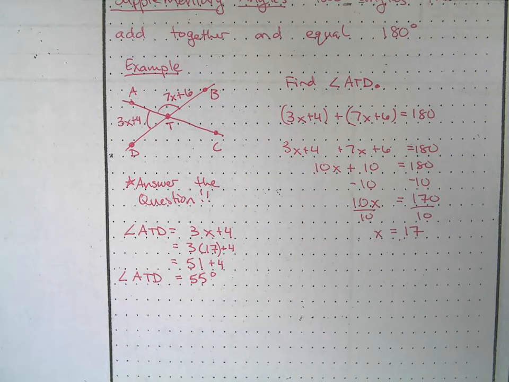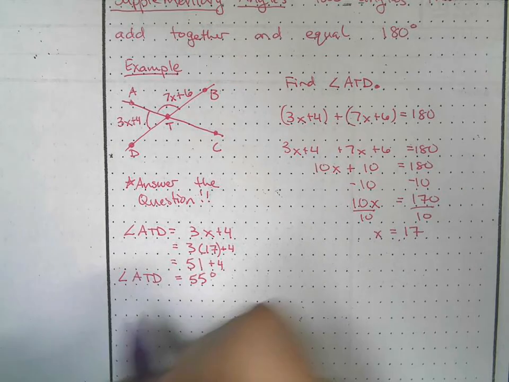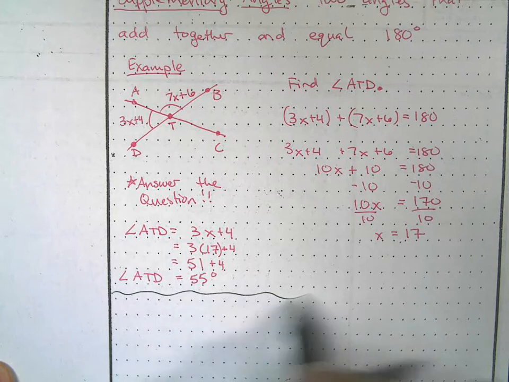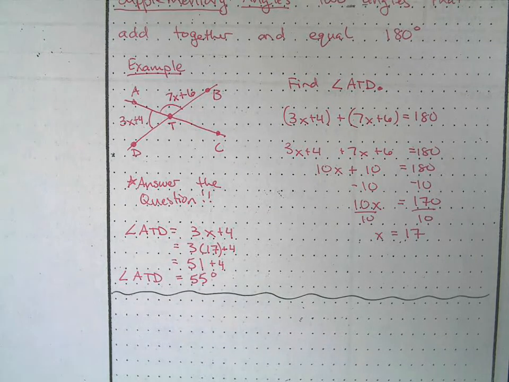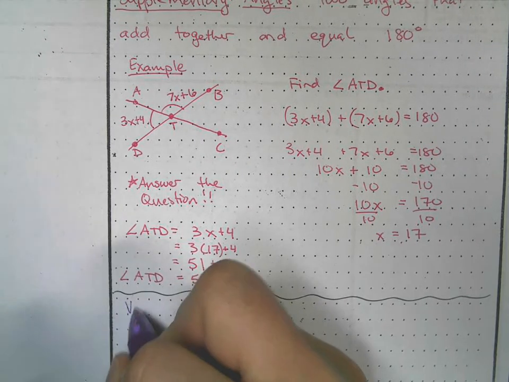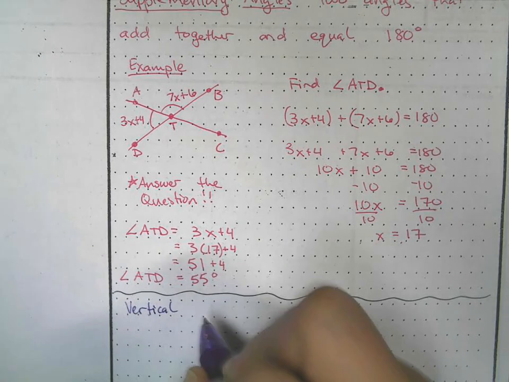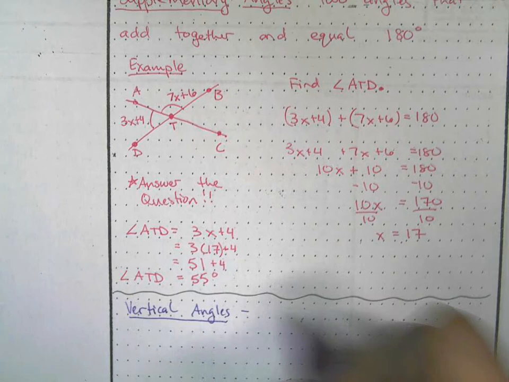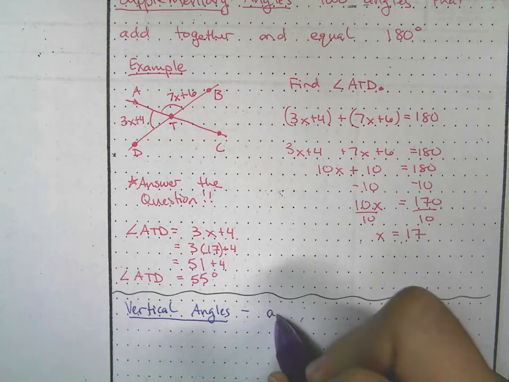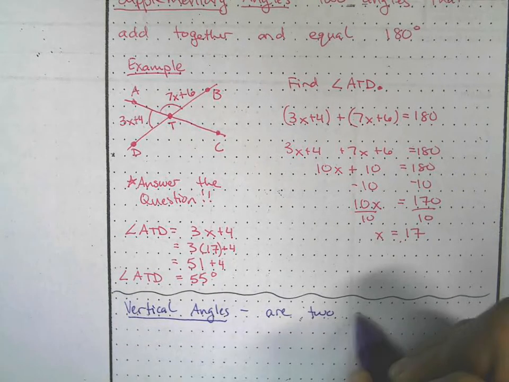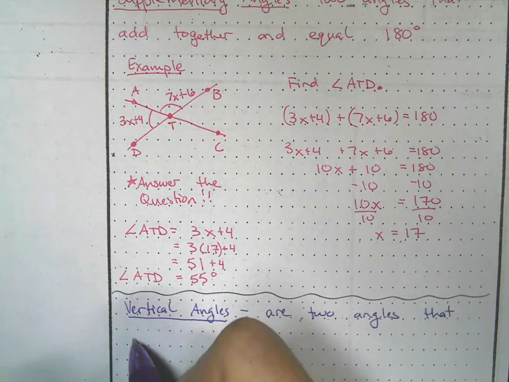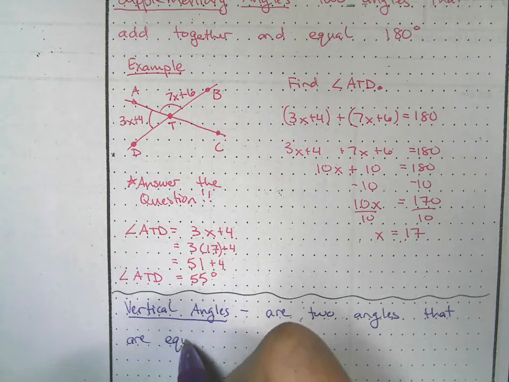Now vertical angles. Vertical angles are two angles that are equal to each other.